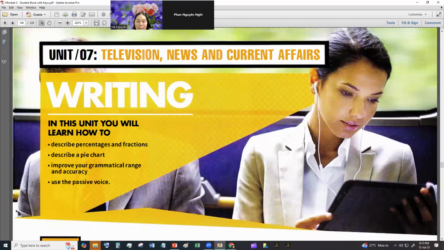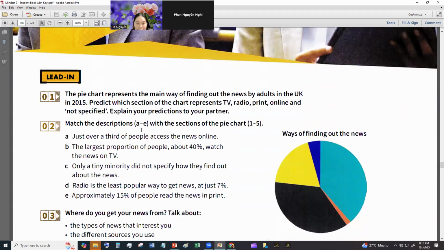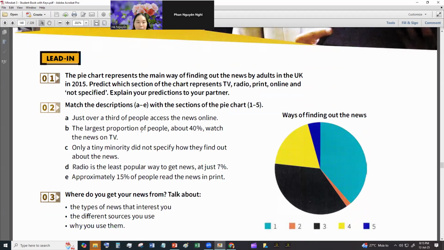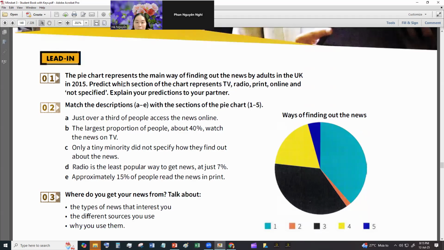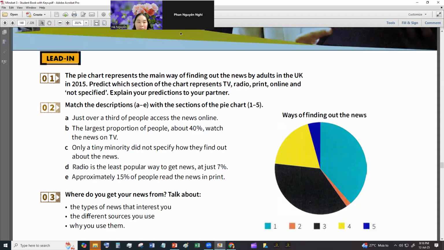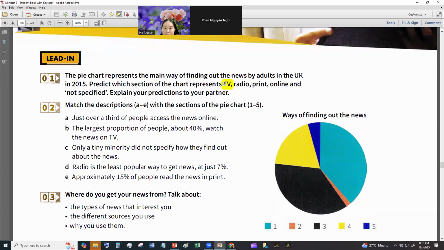Okay, so let's go back to Unit 7, Television, News, and Current Affairs, and practice writing. So we have a pie chart here. The pie chart represents the main way of finding out the news by adults in the UK in 2015. Predict which section of the charts represents TV, radio, print and online, and not specified, and explain your predictions to a partner.